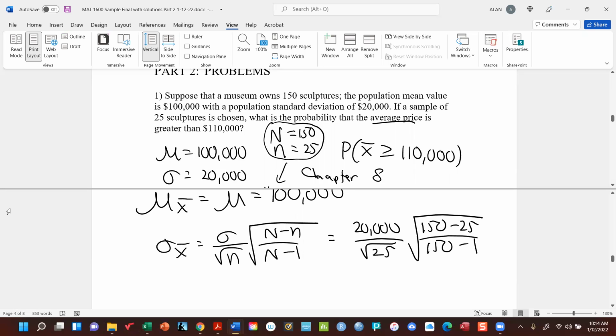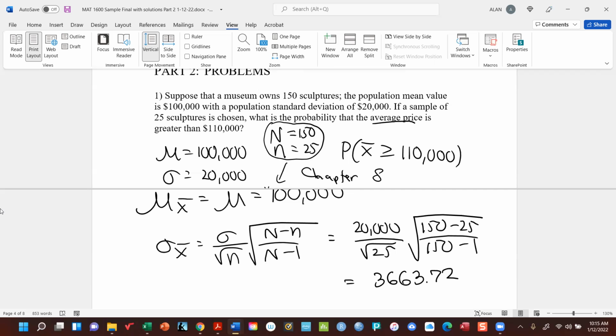Now that turns out to be approximately, you can round this to two places, I guess, because it is dollars, 3663.72, approximately. Now, if you get a slightly different number, that's fine.